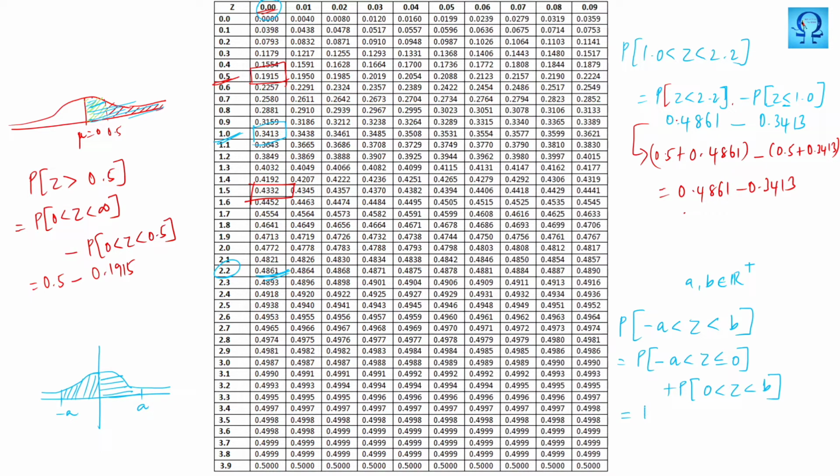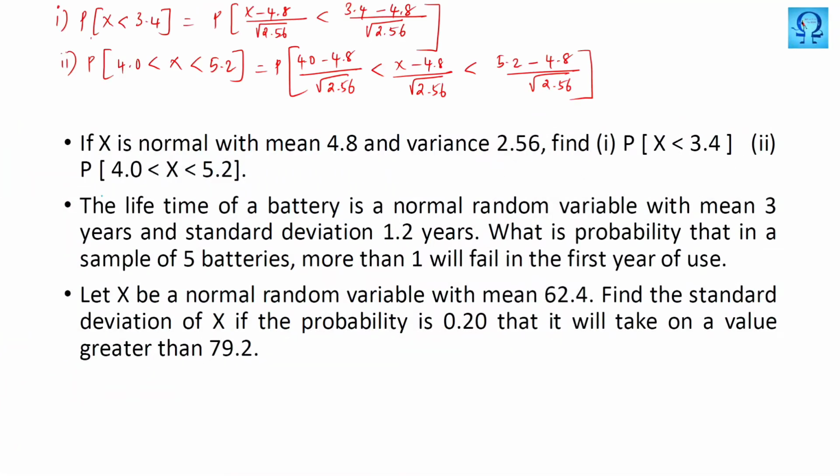So this becomes the probability of 0 less than z less than a, plus the probability of 0 less than z less than b. You can make use of this when you are using a one-sided table, like the table shown in this slide. Using that ideology, you can find the probability in this problem.